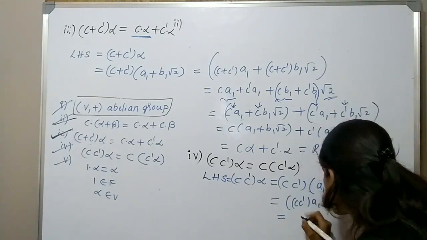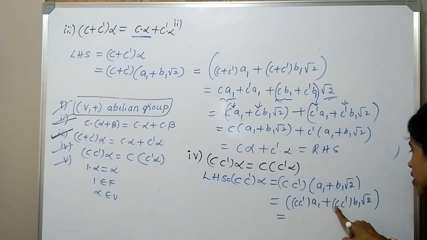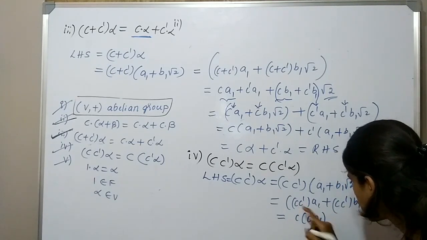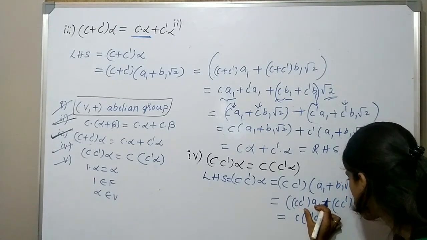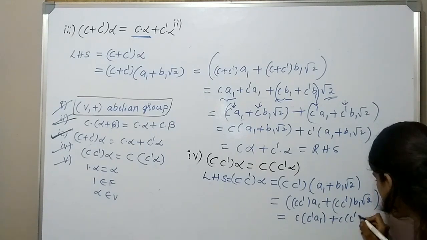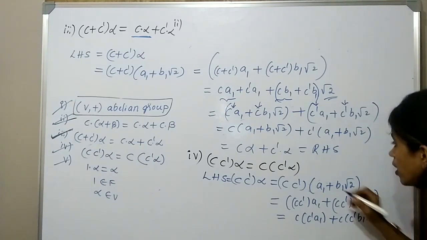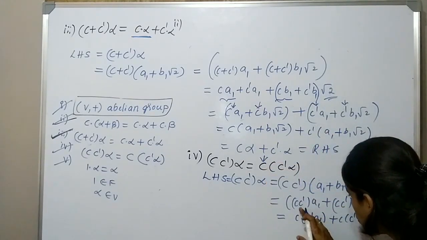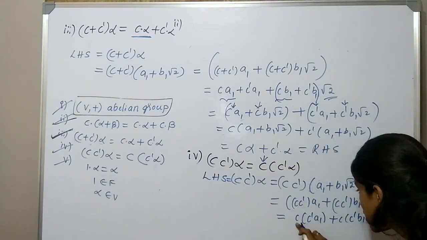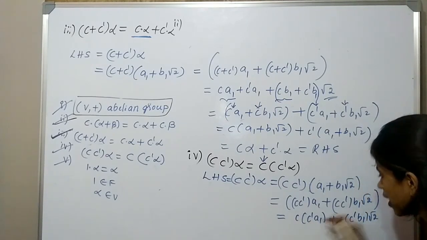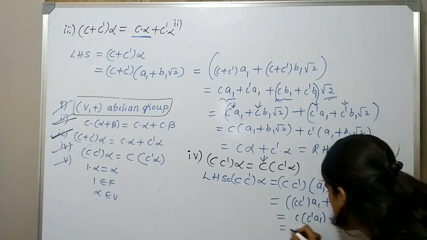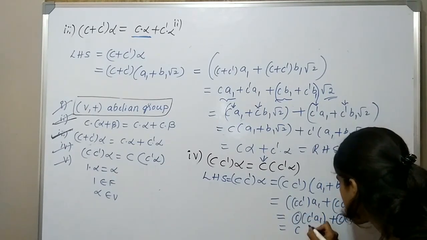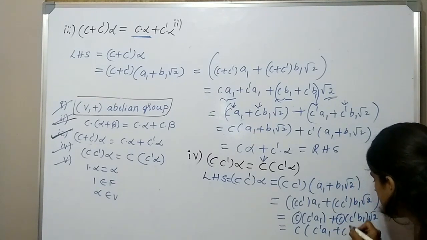So take c dash a1 within the bracket, and here also take c dash b1 within the bracket. Why am I taking this here for RHS? We must have c separate for that. So why does c dash a1 become c into c dash a1? Because the associative law is satisfied in Q. Q is a field. So here c is common, c is common. Take common c dash a1 plus c dash b1.